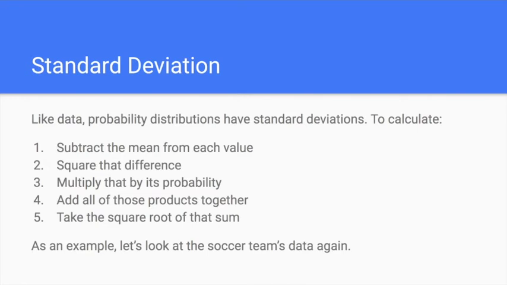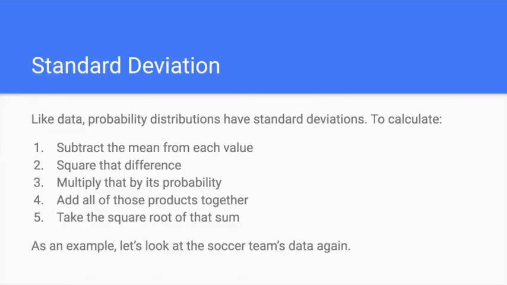Then you subtract each of the values of the random variable from the mean, square that difference, and multiply that square by the probability of that value of the variable. Once we've done that, we add all of those products together and then finally take the square root. So we're going to do that soccer team example again where they played either 0, 1, or 2 days a week. We're going to look at that again on the document camera real quick.